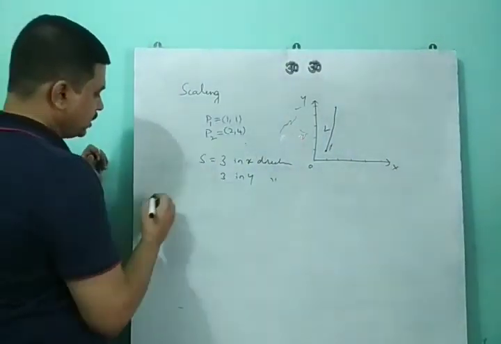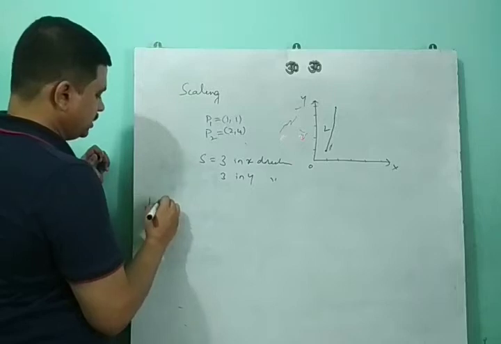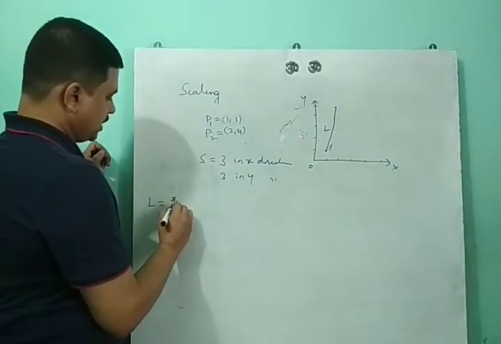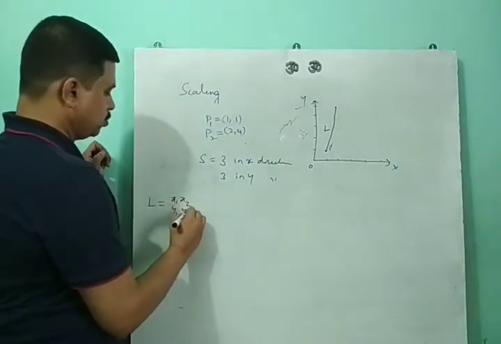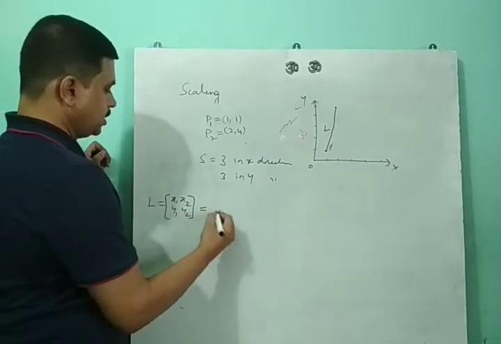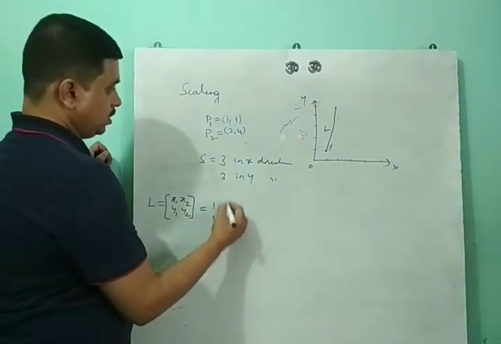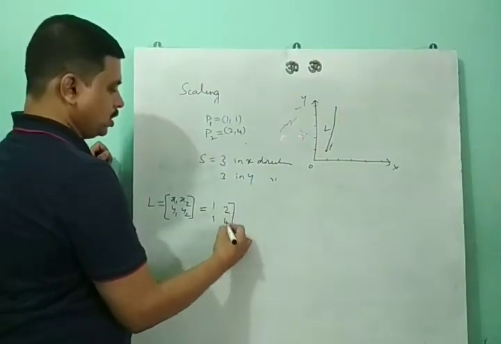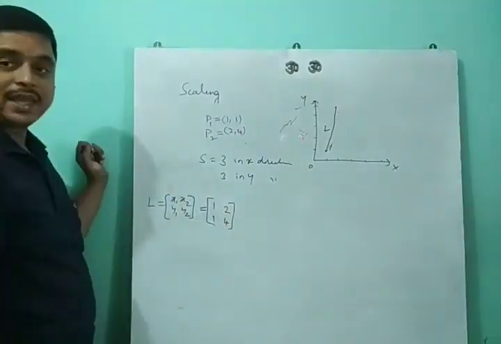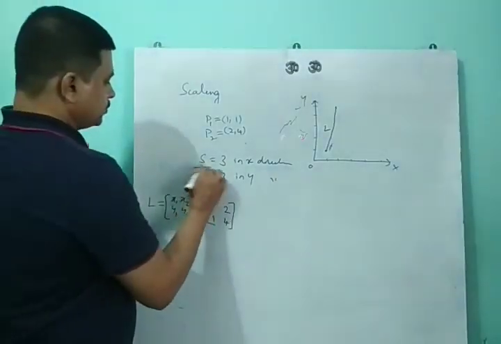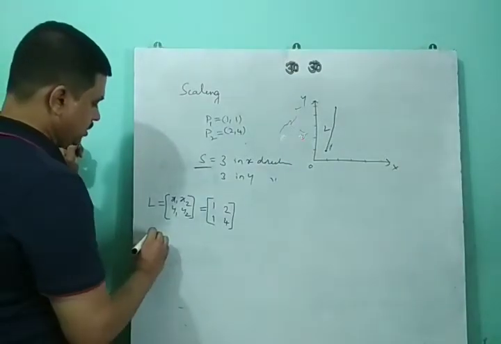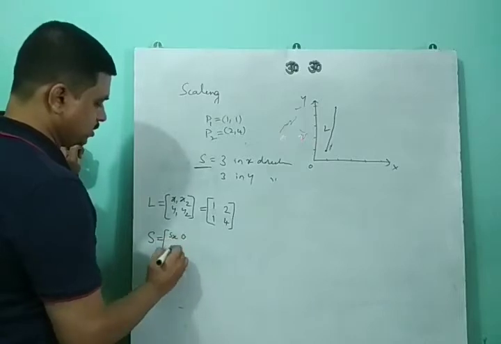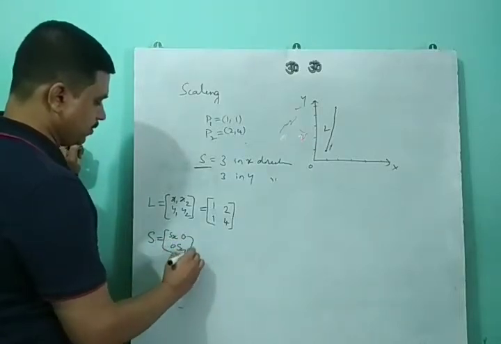Now we can represent the given line in terms of a matrix as x1, y1, x2, y2 as a square matrix, that is 1, 1, 2, 4. So this is the matrix representation of the given line. Then the scaling matrix S is equal to Sx 0, 0 Sy.